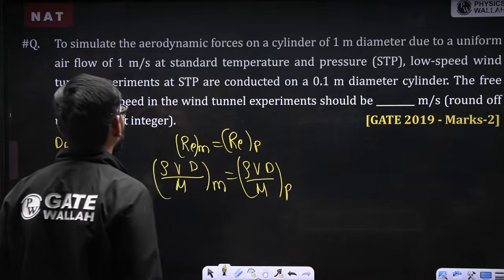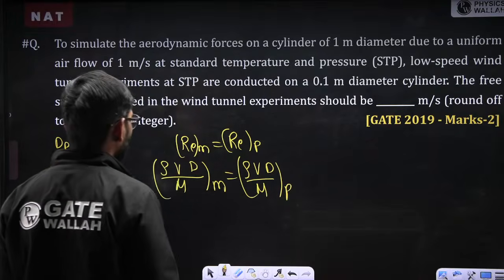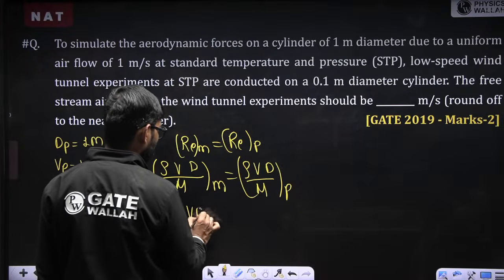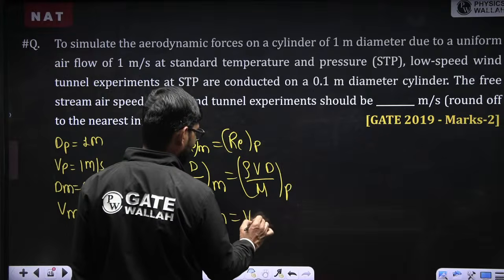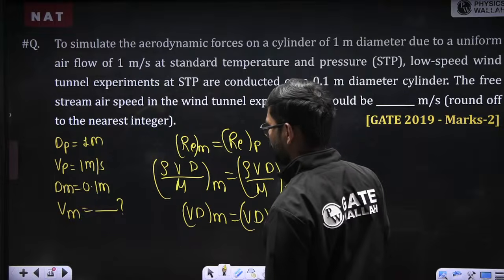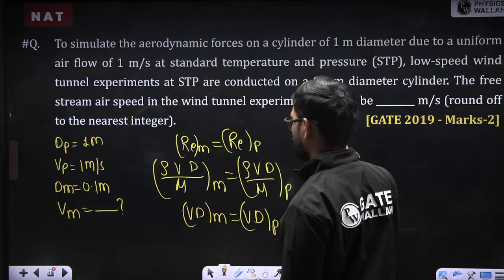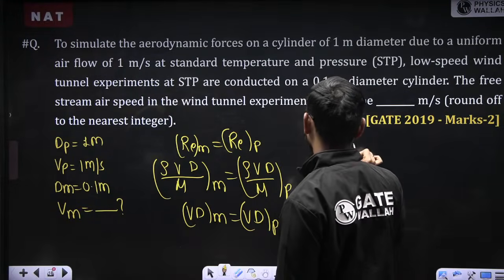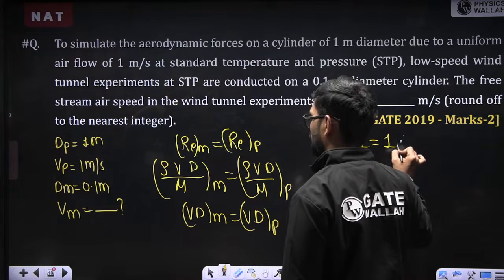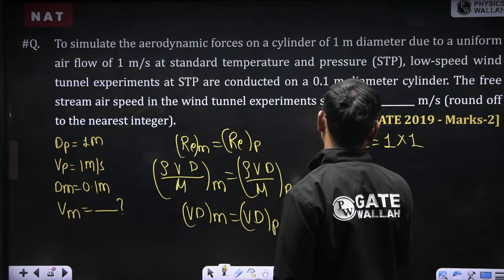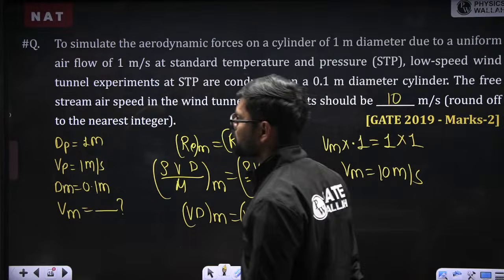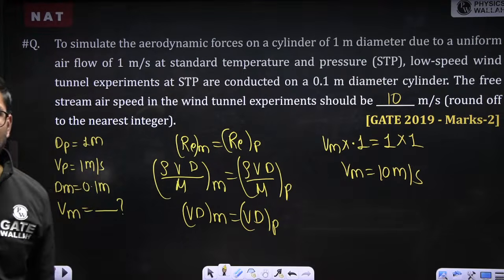In both cases only air is used, so rho and mu cancel out, and V D of model is equal to V D of prototype. V of model we need to calculate: 0.1 times Vm is equal to 1 times 1, so Vm will come 10 meter per second. Correct.